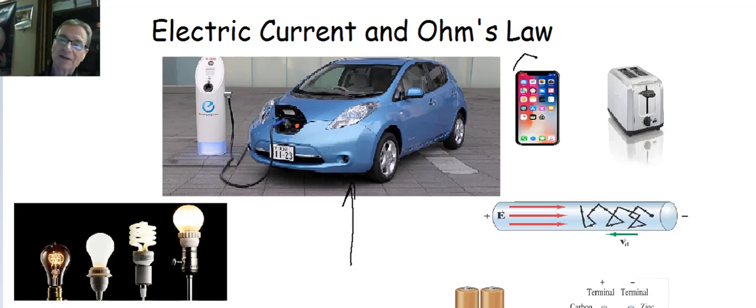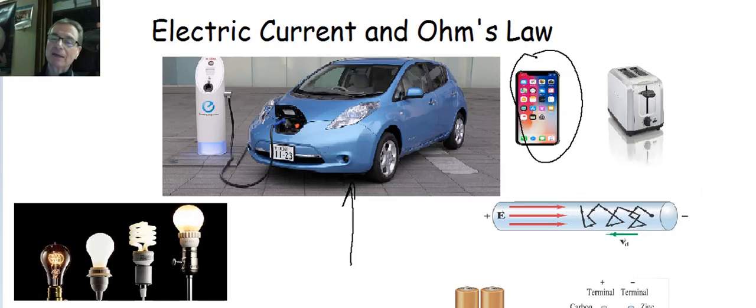I think we're all very comfortable and familiar with our cell phones. Cell phones need to be charged up, and how do we do that? We plug them into a wall, electric current flows, and our cell phones are charged up.